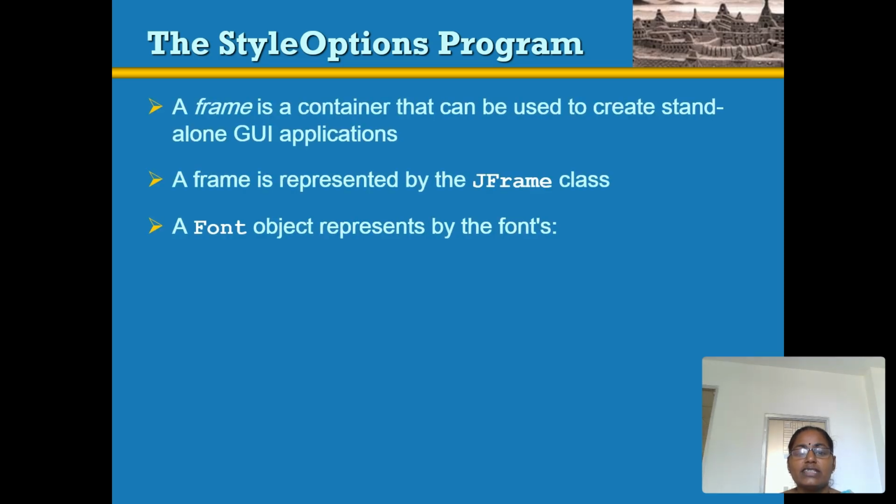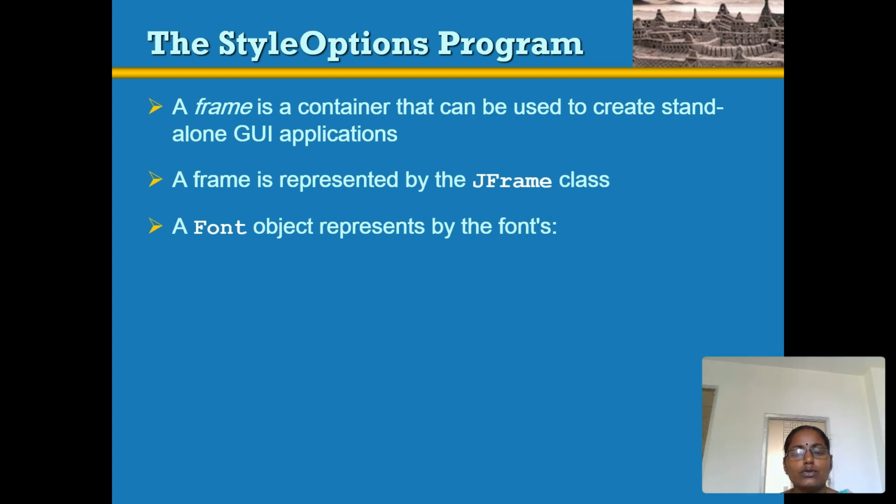Then we have a frame. A frame is like a frame for a website or for images. Likewise, in Java it is a container used for standard GUI, graphical user interface, applications.